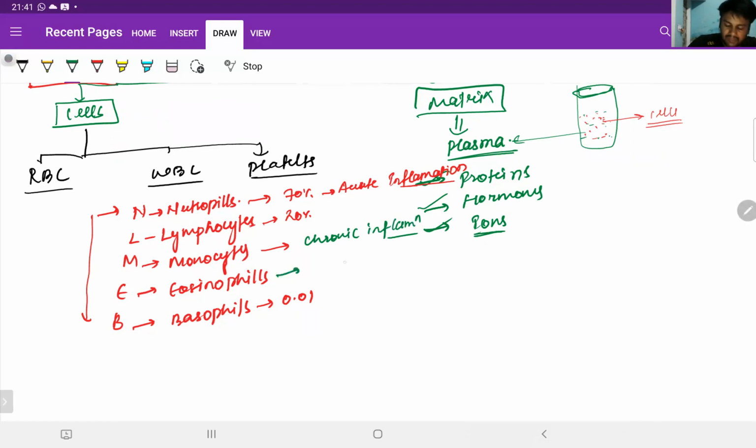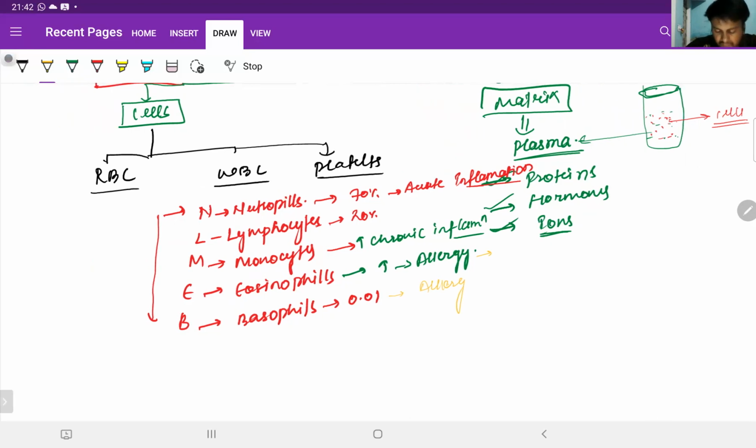When eosinophils increase, it is seen in some allergy, so the doctor might suspect allergy. Basophils are also associated with allergy, and it is also involved with worms in the stomach and many more things.